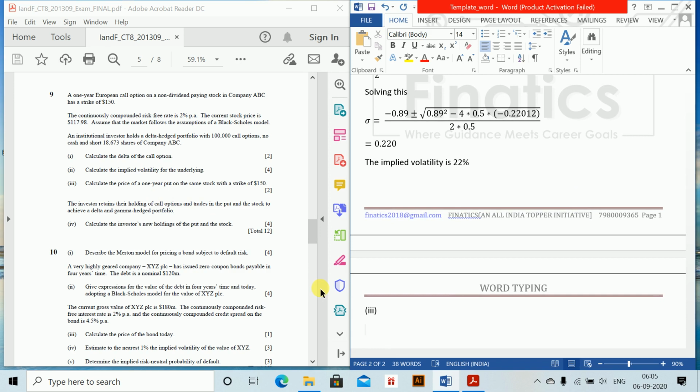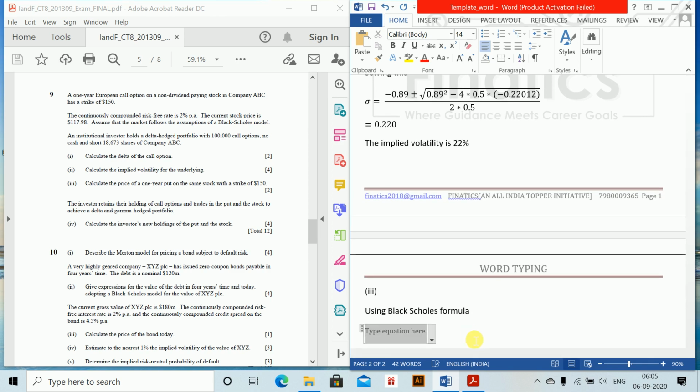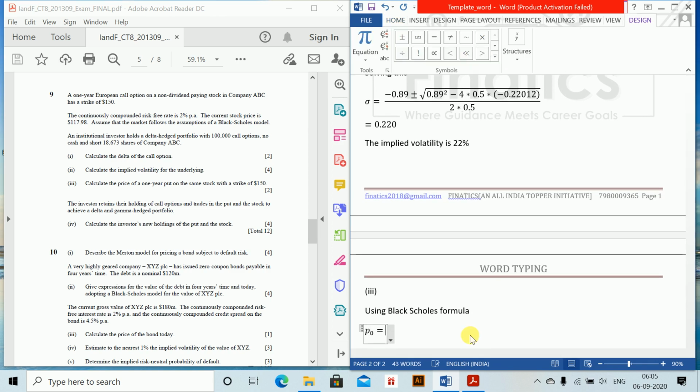Okay, next is the price of a 1 year put on the same stock with a strike price of 150. So using the Black-Scholes formula, P naught is equal to K e to the power minus RT phi of minus D2 minus S naught phi of minus D1.